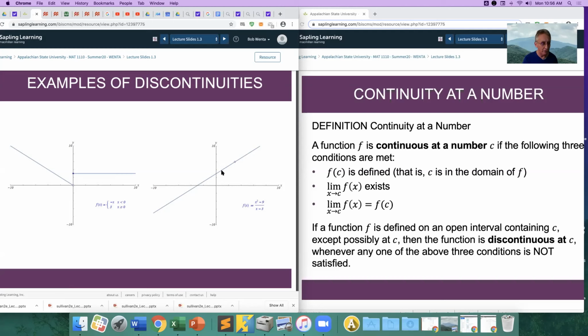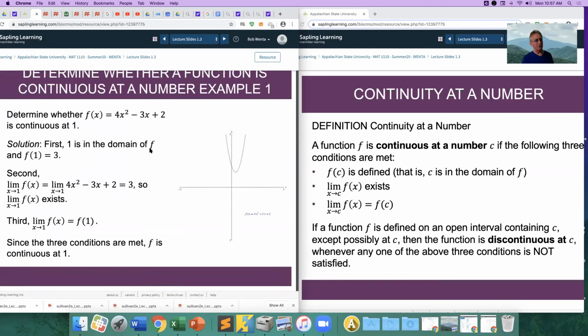So that means it's removable. This function over here is such that no matter what, if the dot wasn't there, that would definitely be a discontinuity. If I filled either this or this, the limits are not coming to the same place. So it's still discontinuous, even if you fill one of the holes. This is called a jump discontinuity. This is called a removable discontinuity.